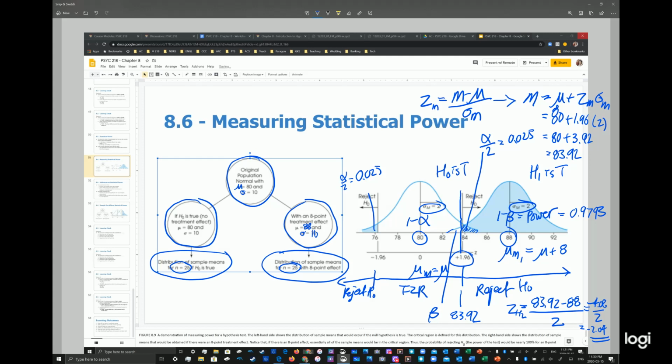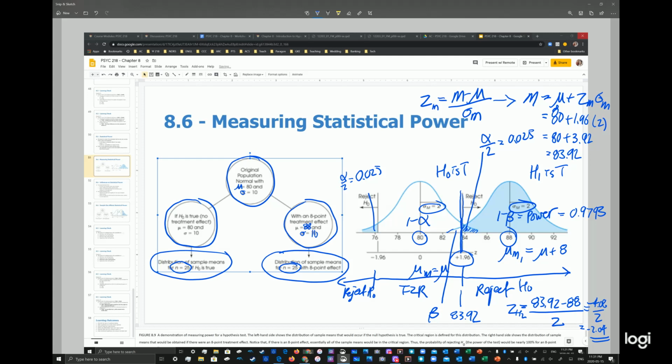And so again, depending on what your prediction is of the treatment effect, and also depending on your sample size, the statistical power changes because the shape of the alternative distribution changes. And the proportion within which your critical region is placed in the alternative distribution is going to change as well.